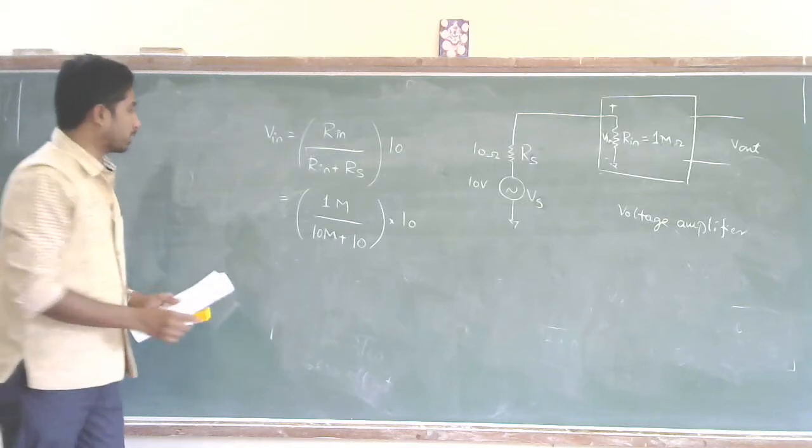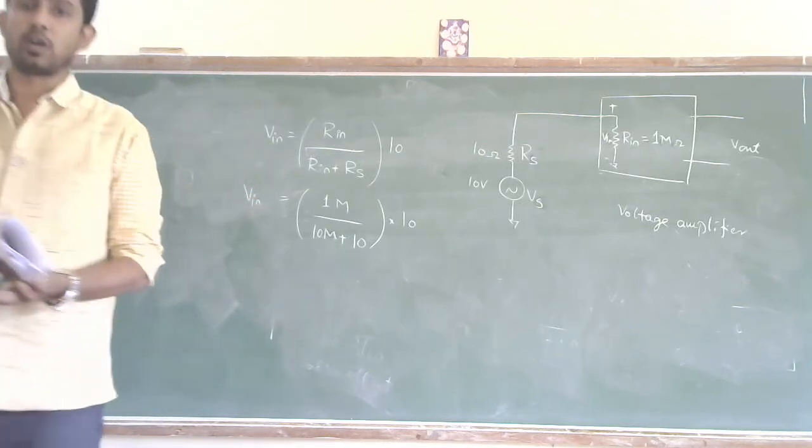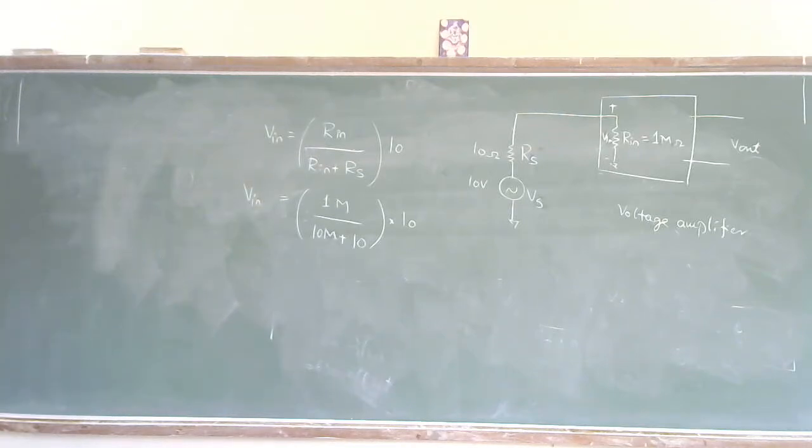So if I do this, can somebody do the calculation and quickly tell me? Roll number 25, is it present? Roll number 25, tell me the calculation of this: 1 mega divided by 1 mega plus 10 multiplied by 10. Fast. What will be the output of this?